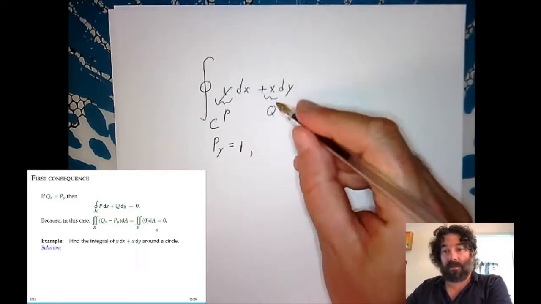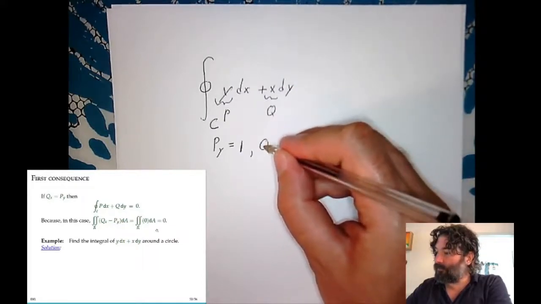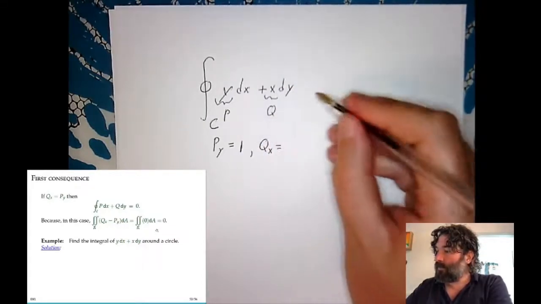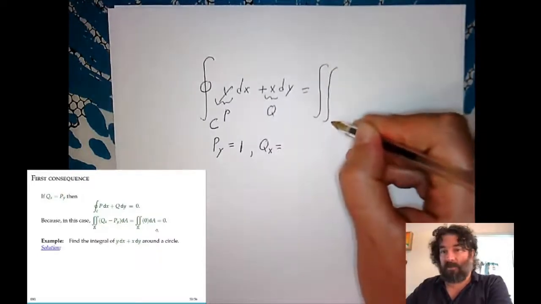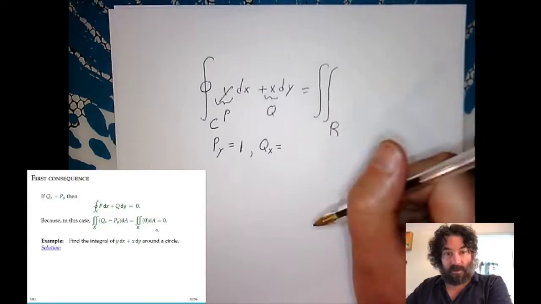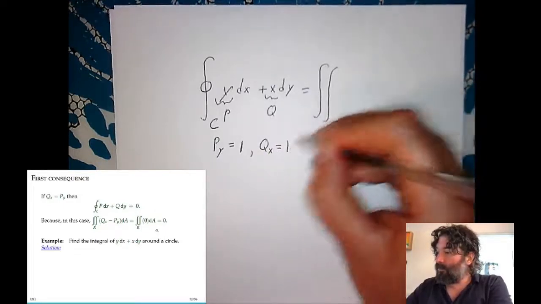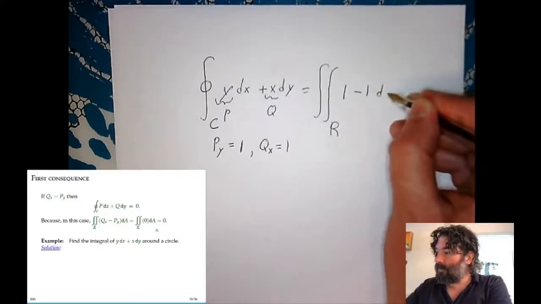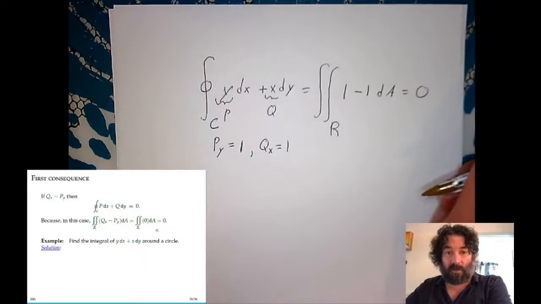And qx, the derivative of q with respect to x, is also equal to 1. And so, by Green's theorem, this is equal to the double integral over the region enclosed by the curve C, a circle in this case, or the region enclosed would be the disk, of 1 minus 1 dA. And so this is equal to double integral of 0, which is 0.